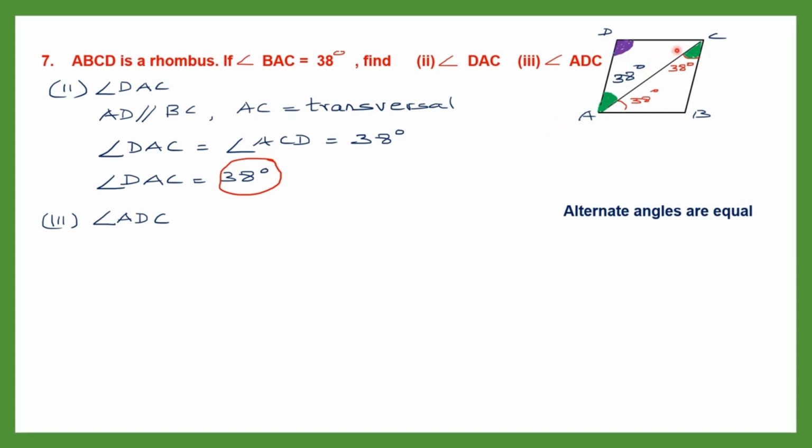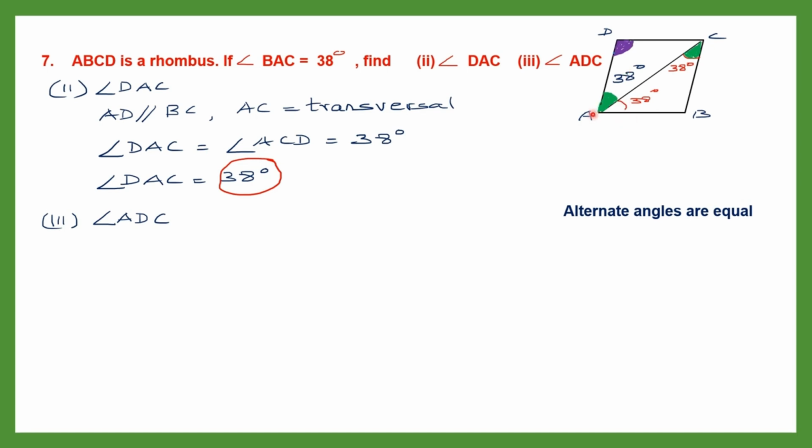Or if we can find this angle here, then when we add up these three, it will become angles of a triangle equal to 180. So we can find it in two ways. Now here, when you take this angle, 38, and this angle, they are alternate angles. When you take these as the parallel lines cut by a transversal, these will become alternate angles.